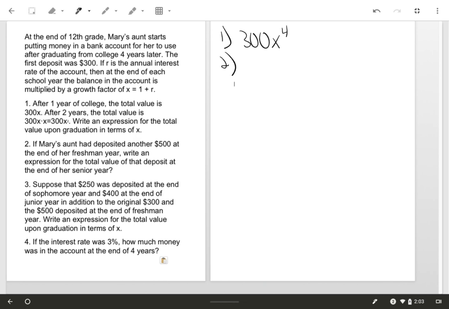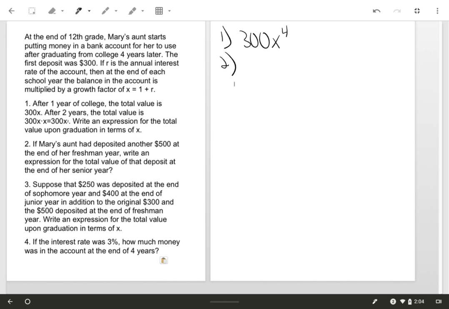If Mary's aunt had deposited another $500 at the end of her freshman year, write an expression for the total value of that deposit at the end of her senior year.